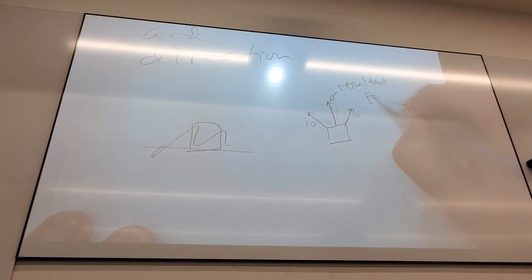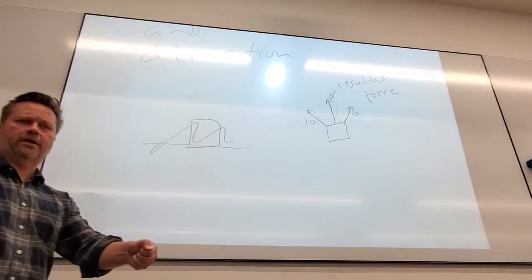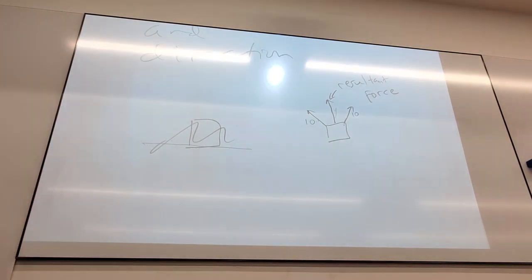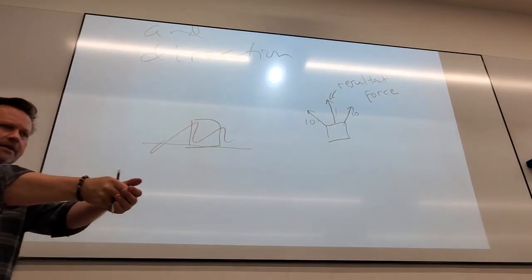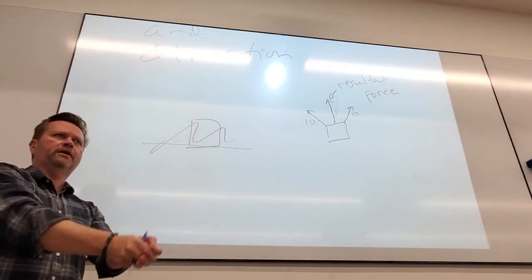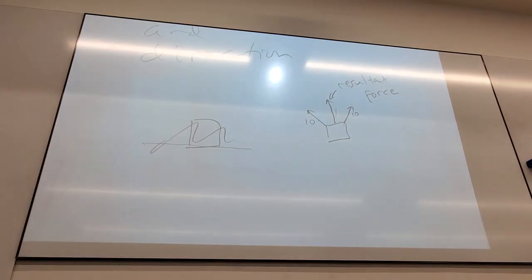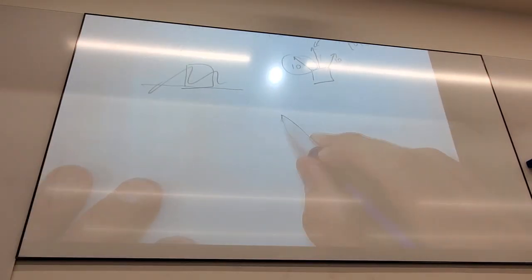And this is stuff we know. I know if I pull this way and you pull that way, it's going to just move forward. Why is that true? Aren't I pulling it diagonally? But so are you on the other side. We're both pulling it diagonally. So look at this one by itself.